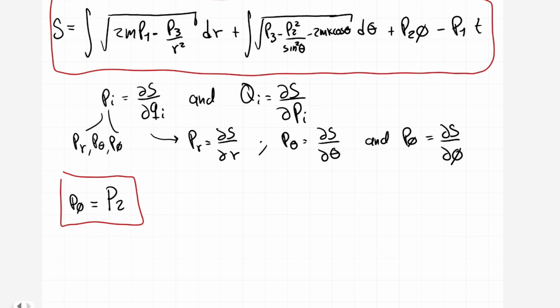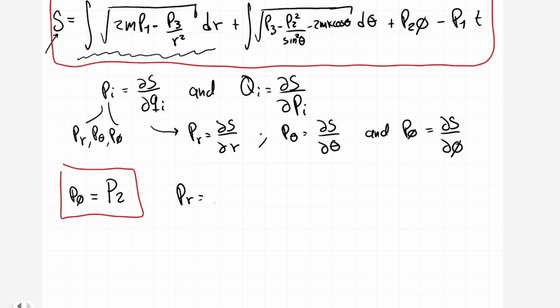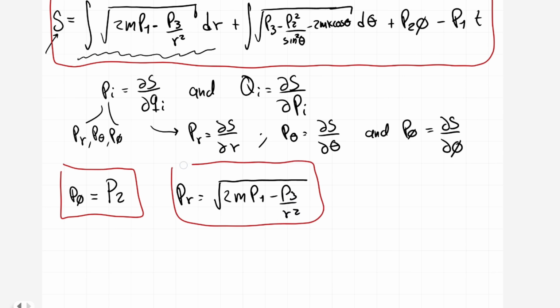Then pr is going to be the derivative of s with respect to r, but this whole element does not depend on r, so we only need to take the derivative with respect to r of this. But look that we have an integral with respect to r, so we immediately see that pr is going to be the thing that is inside that integral, which is this thing that I'm writing here. Perfect. So this is pr.